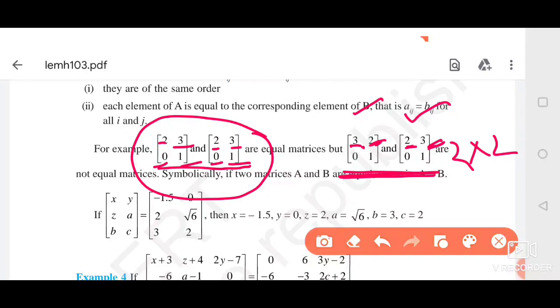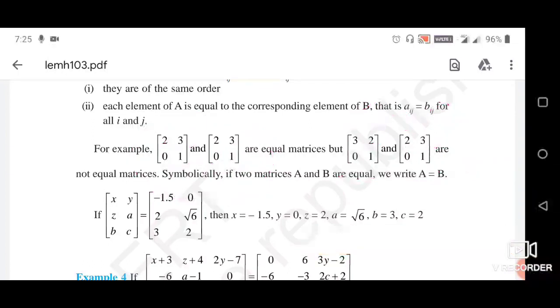So the elements of first row, first column are not equal, which is 3 and 2, and the elements of first row, second column, which is 2 and 3, are also not equal. So these two matrices are not equal.